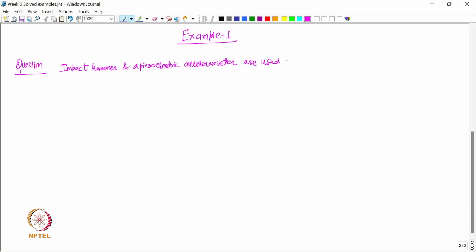So, let me write the question first. Question: An impact hammer and a piezoelectric accelerometer are used for FRF measurement on a structure.